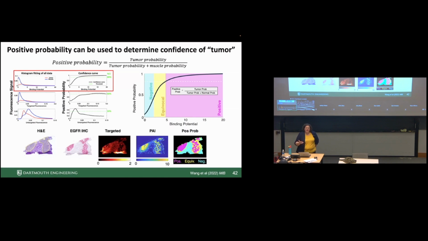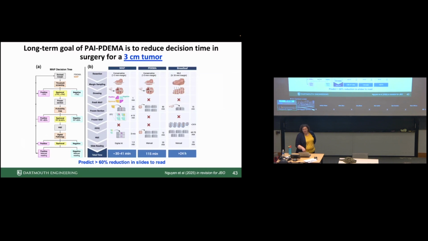We only have to have a pathologist look at the equivocal ones, where it's unclear whether it's tumor or not, maybe in the 50 to 80% range. You can see we can do a scan of these and do this analysis in under a minute for each tissue slice. This is much faster than a pathologist or the surgeon sitting and reading every slice. And this way too, we can actually clear a lot of the tumor prior to that.